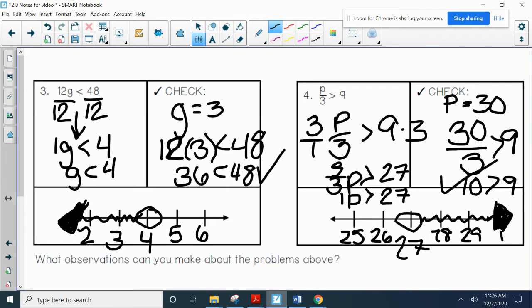All right, I want you to go ahead and fill in these observations that you made about the problems above. This is one of the things I'm going to be looking for when checking your notes from today. I want you to think about what we talked about just now in these first 4 and tell me your observations that you can make about the problems above.